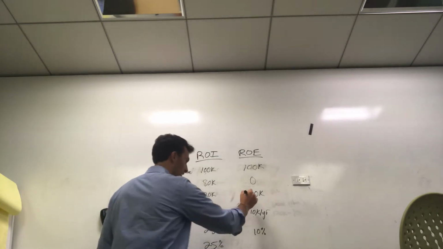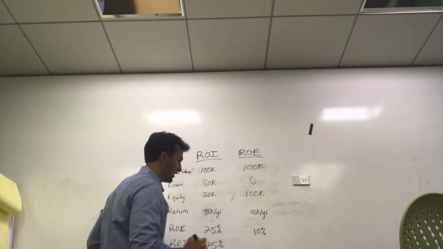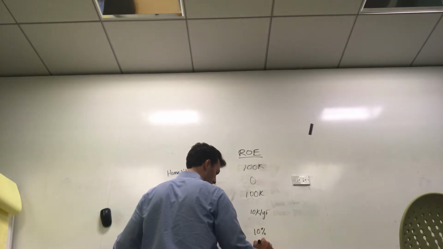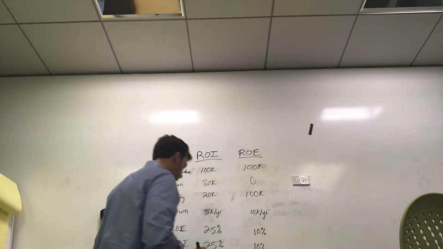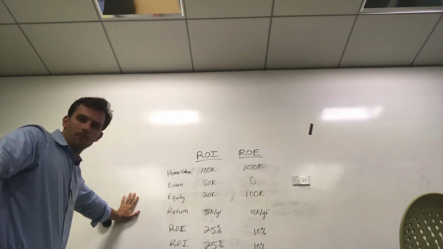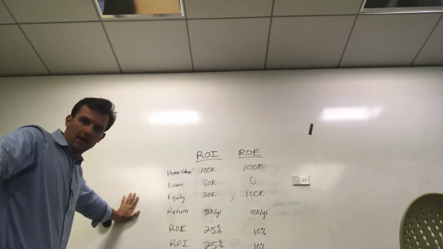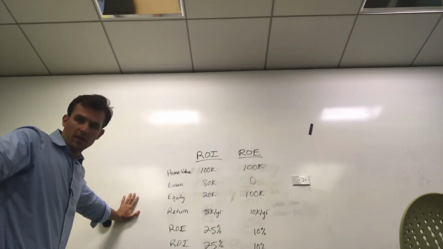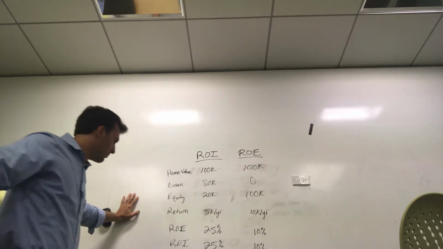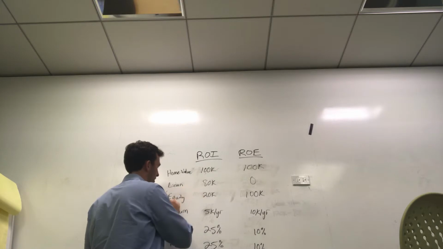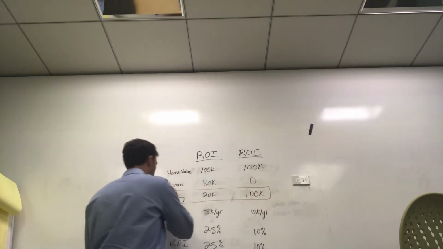My ROI over here, I had to put 100,000 down to get 10,000. So it's going to be 10K or 10%. Now, I know they look the same right now, but they're not the same all the time. This could be totally and utterly different, right? But your return on your equity, basically right here, is what you want to see.